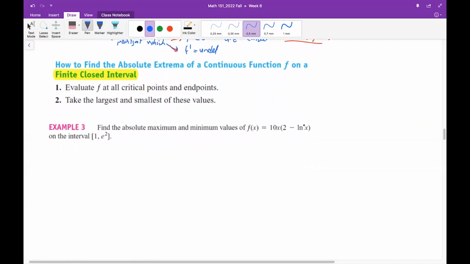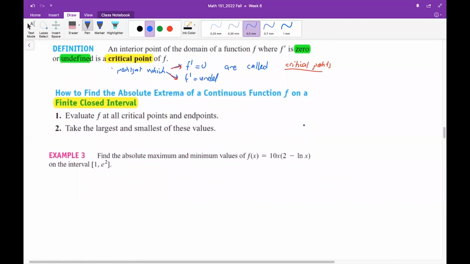Okay, so now I will talk about a strategy, a method to help us find the absolute max and min values of a continuous function over a finite closed interval. So we will be solving a very specific type of problem here. We are searching for the absolute max or min values of a function which is continuous, over a finite closed interval. To handle this problem, you can divide your strategy into two steps.